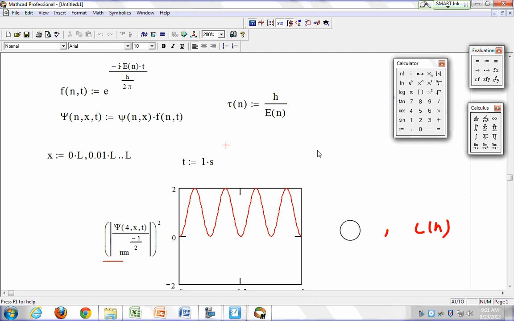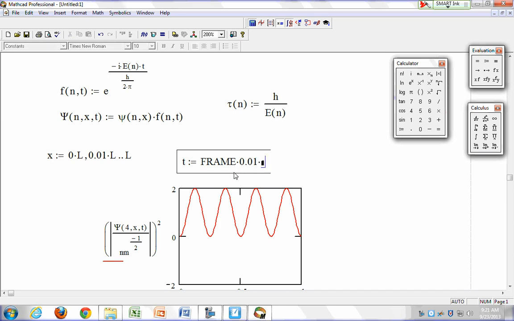So I'm going to let this cycle through. I'm going to define my time instead using a frame variable: frame times 0.01 times tau of n. Since I'm going to plot psi 4, I'm going to say tau of 4, the period for n equals 4.